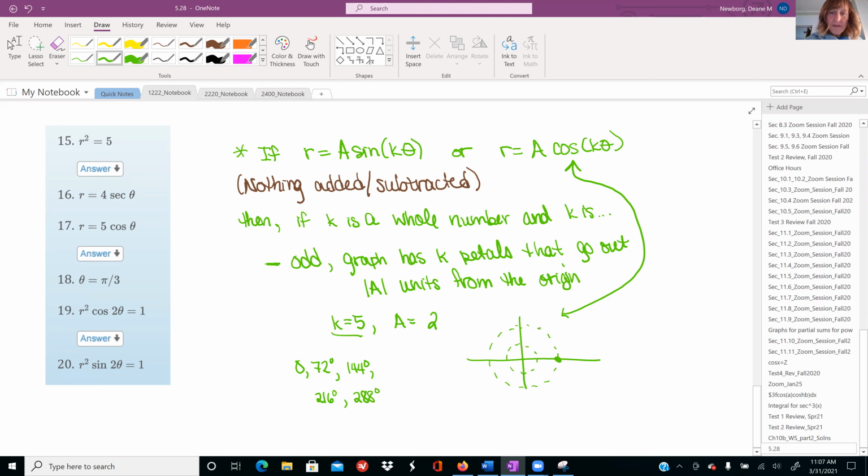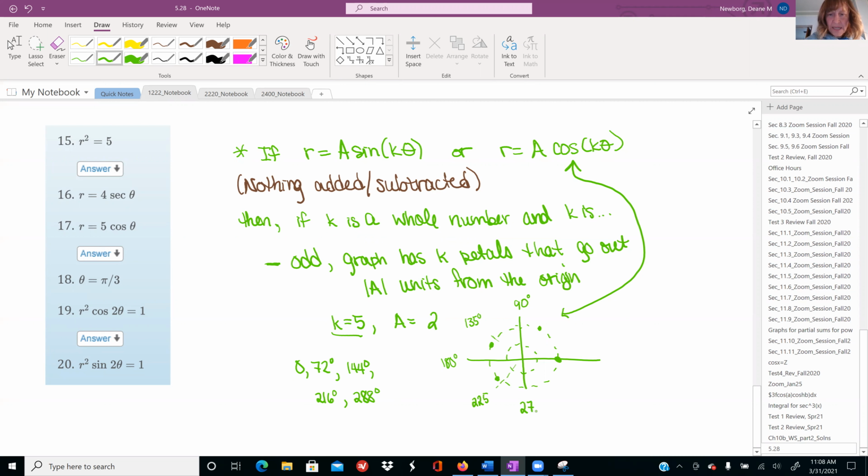So 72, maybe about here, 144. So what's in the middle? Here's 90 degrees, here's 180. The middle is 135. It'd be a little bit past that. 216. So this is like 225. So I don't know about right there. And then 288.